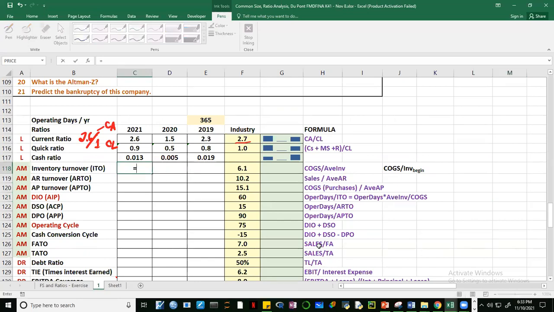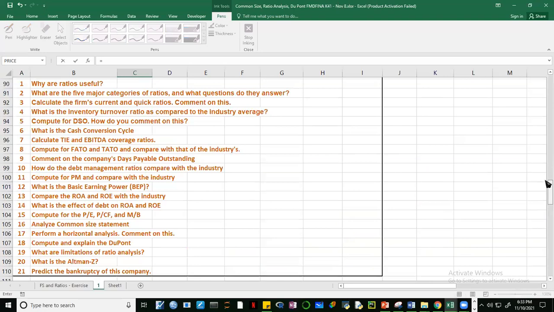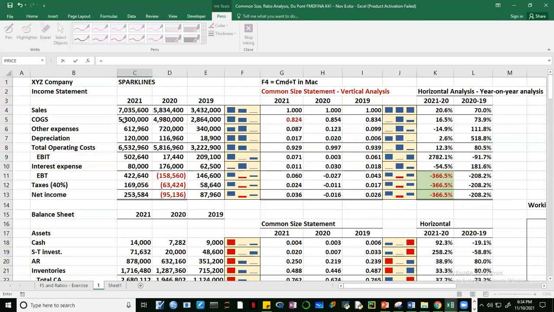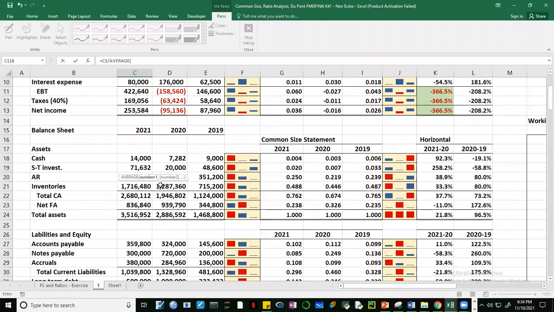So, this is equal to how much is the cost of goods sold? Cost of goods sold natin for 2021, it is 5.8 and then divide it by the average of our inventory, okay? Inventory average natin is the beginning and ending.